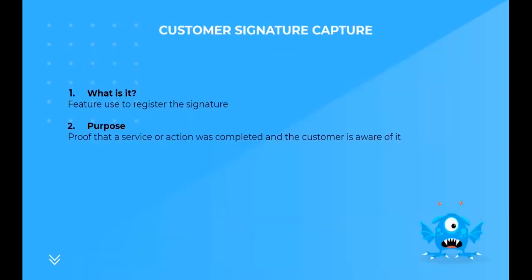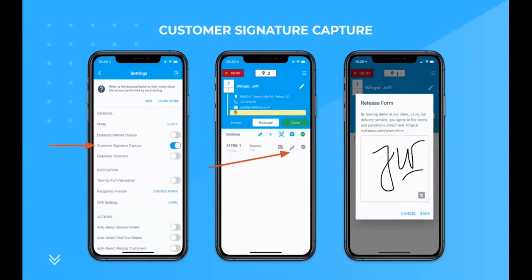The next setting will be the customer signature capture. And what it does is register the actual customer signature. So you can have evidence that the customer is aware or that he or she acknowledges a service was offered. Once you have the setting enabled, called customer signature capture, this pencil or pen like icon will show up on your actual routes.